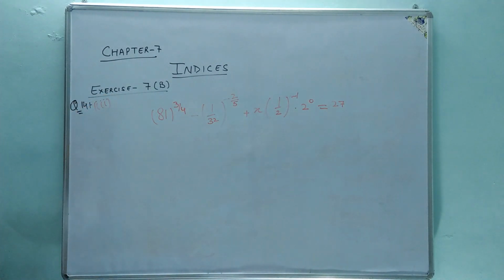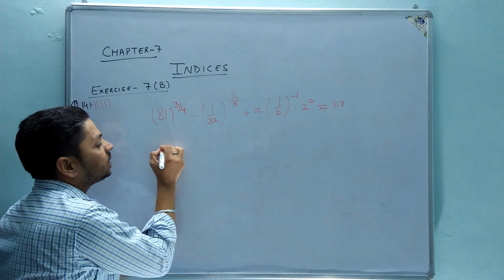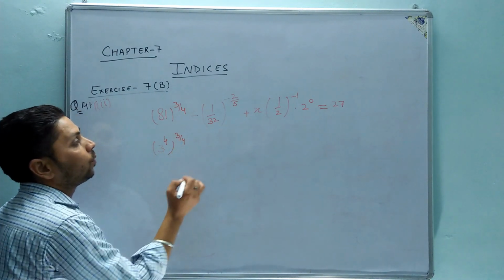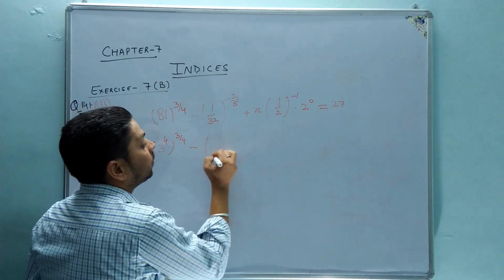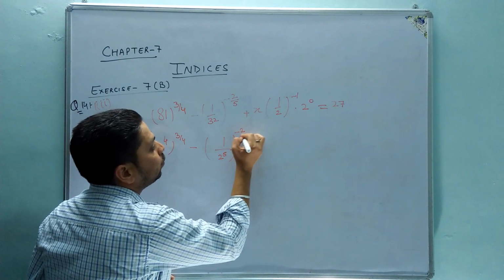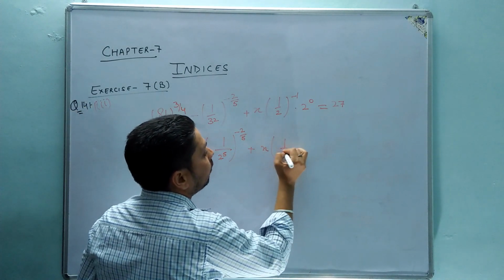This condition is given. Now first reduce each term to the least base. 81 can be written as 3 raised to power 4, so 3 raised to power 4 to the 3 by 4. Similarly, 32 can be written as 2 raised to power 5.